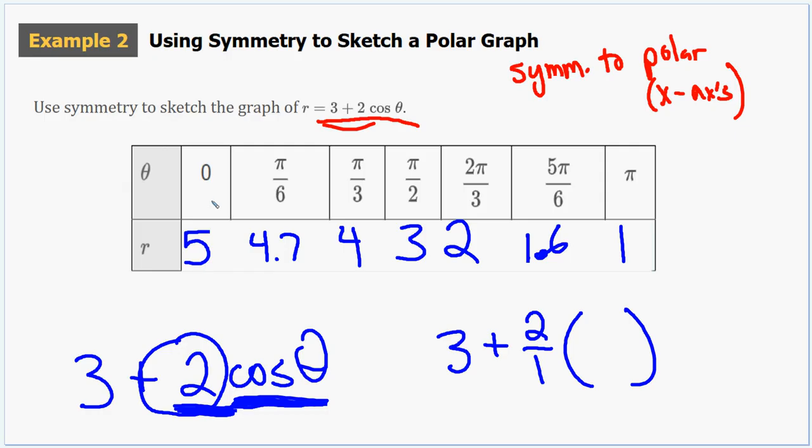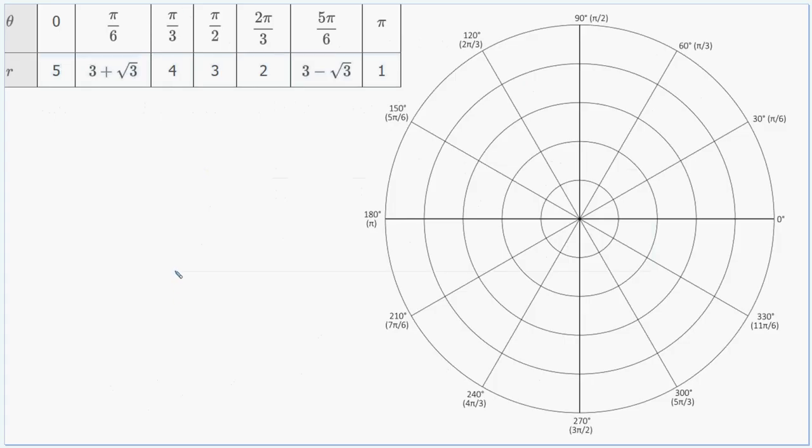Now let's graph them and do their reflective points. So here they are. That's about 4.7, and this is about 1.6. At 0, we're going to go out 5 units: 1, 2, 3, 4, 5. We are on the axis that we are symmetric to, so that's our only point. At pi over 6, we go out 4.7: 1, 2, 3, 4, and 0.7 would be about here.